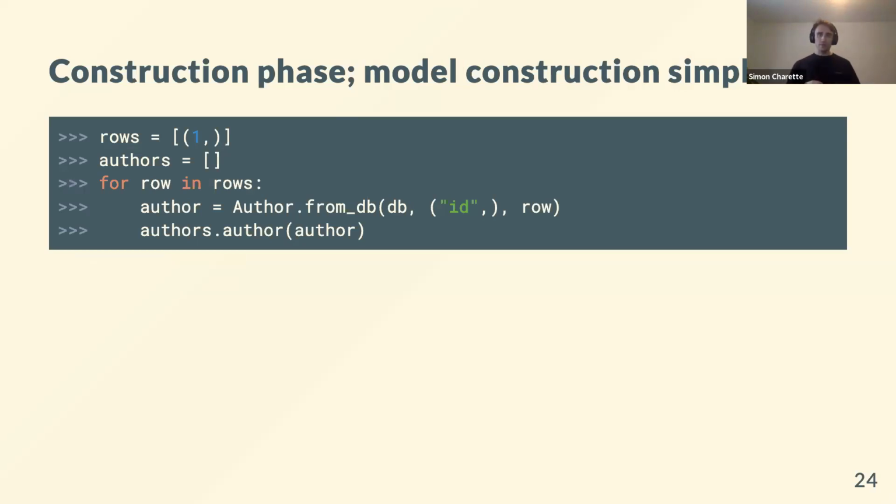What this from_db method requires is the database against which the query was performed. This is important because each model instance is tied to the database that it was retrieved from, for possible further interactions with the model instance. It also takes the map of fields that are going to be specified, and the actual tuple that was returned from the database.